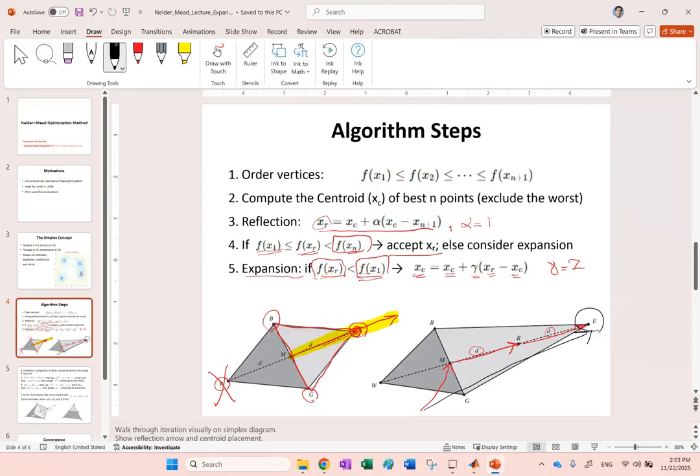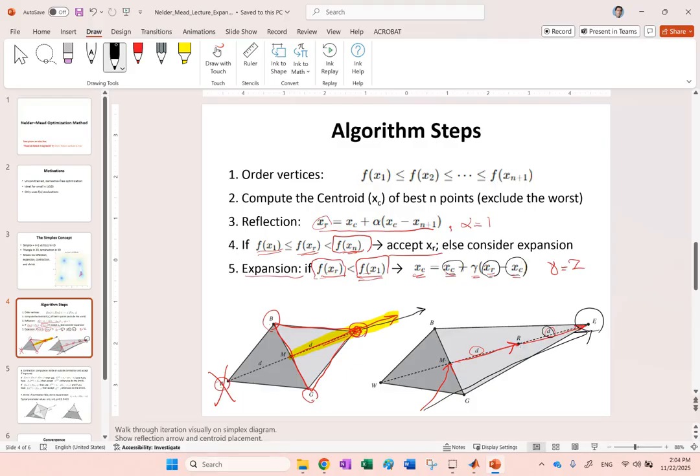So now that the reflection point is calculated, the centroid I know, and gamma is, let's say, 2. Now I'm going to go one further distance d, or whatever the distance is between this centroid and this reflection. I go one more unit in that direction, okay? And that puts me further down in this good direction.